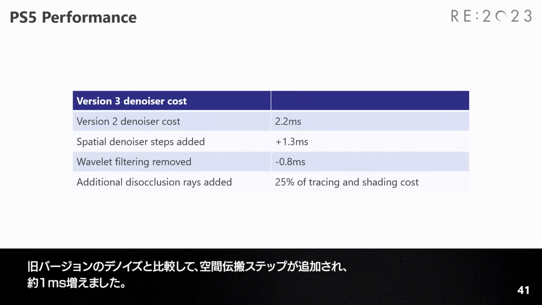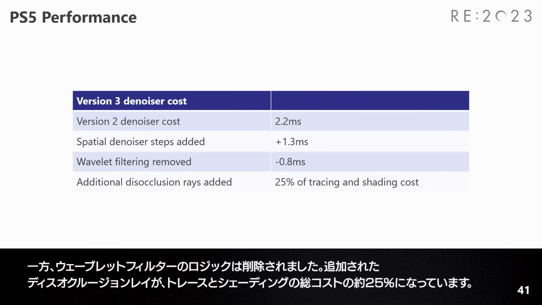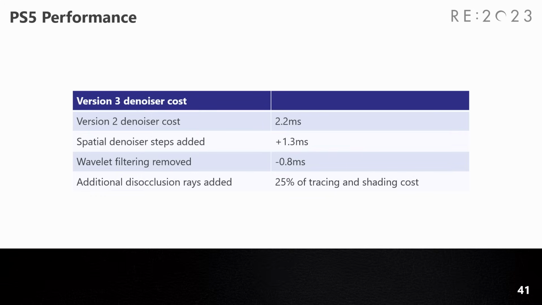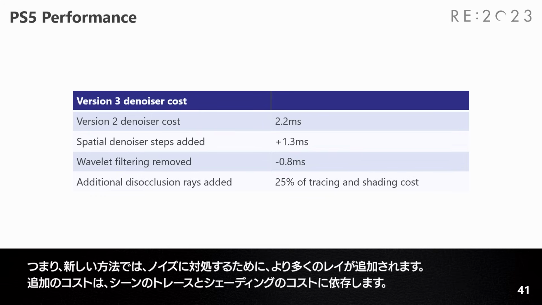Compared to the previous version denoiser, spatial propagation steps were added, which is about 1 millisecond. On the other hand, wavelet filter logic is removed, and additional disocclusion rays are traced, which is about 25% of the total tracing and shading cost. So the new method uses more rays to deal with noise.